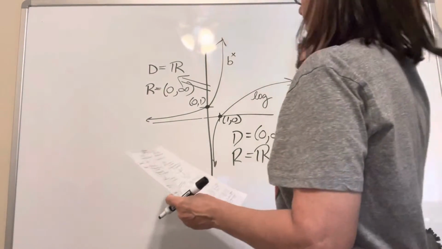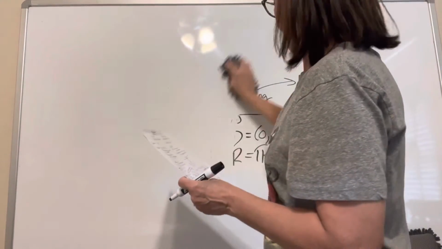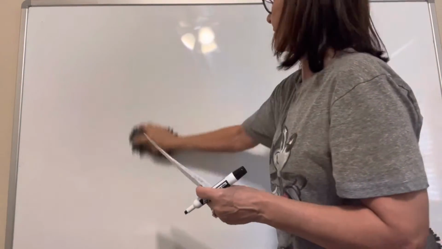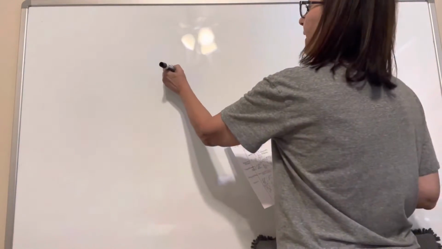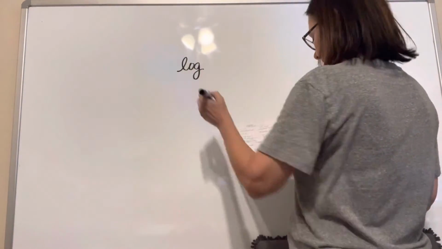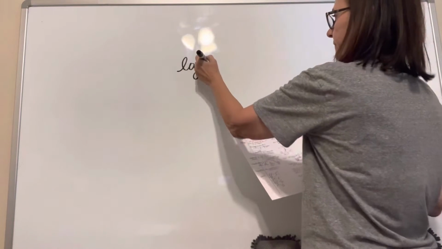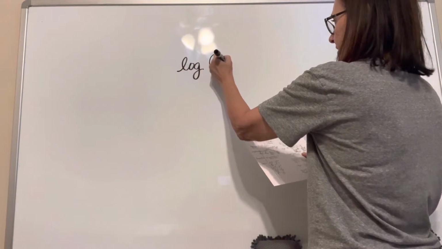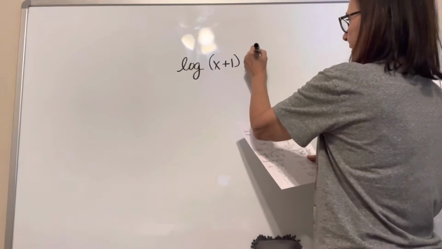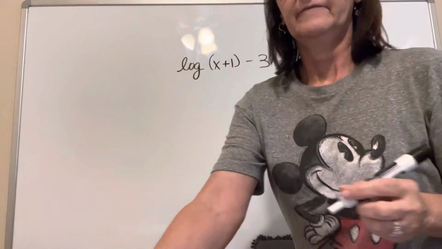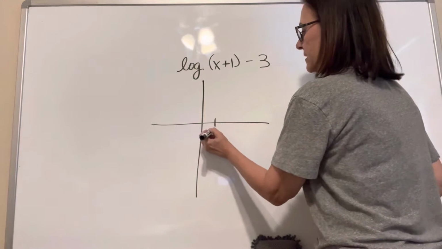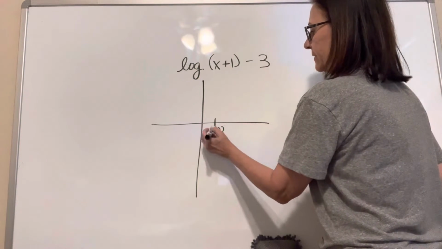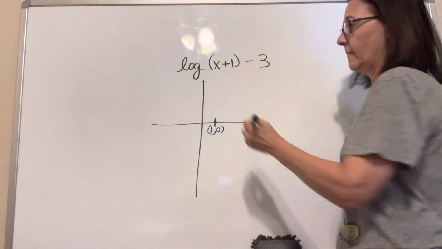So, for logs, let's just look at all the possible transformations. If I have a log of x plus 1 minus 3, this is the point that I'm moving.